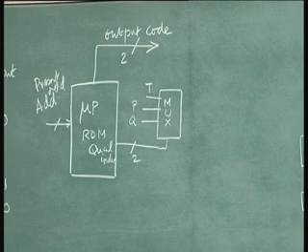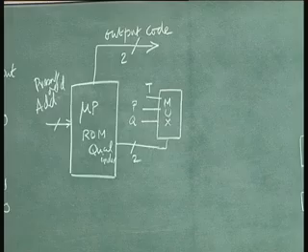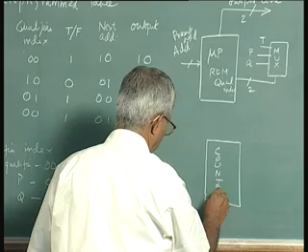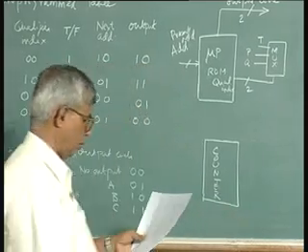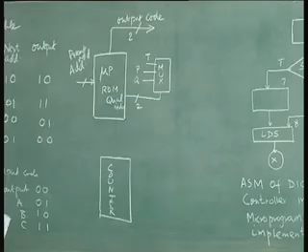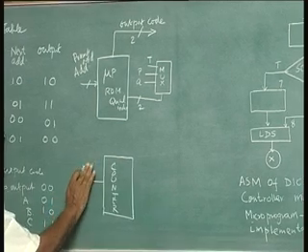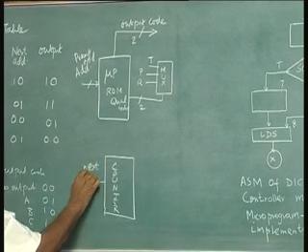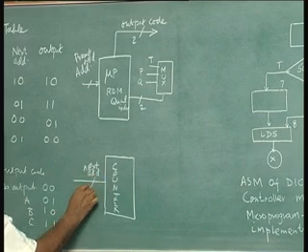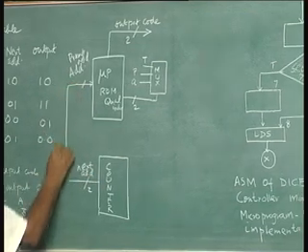Now, I have a counter here, which will give you the next address, which is 2 bits, which is what will go here.